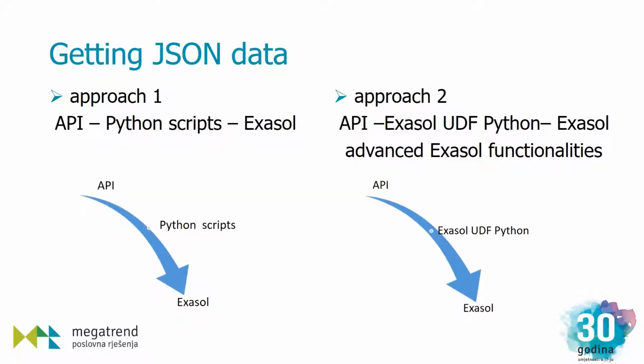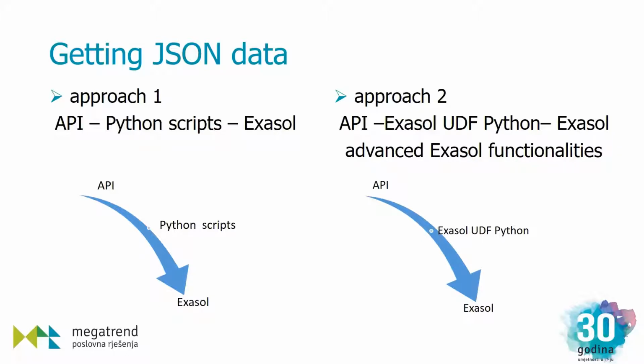When we found the data on the net that we wanted to extract, we tried to think how to get the data into the database. So first we thought about approach one. It's a classic one where we used the API and some Python server scripts, and put the data into the Exasol database.